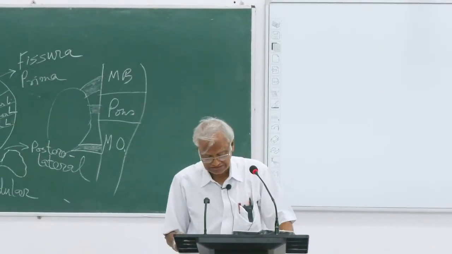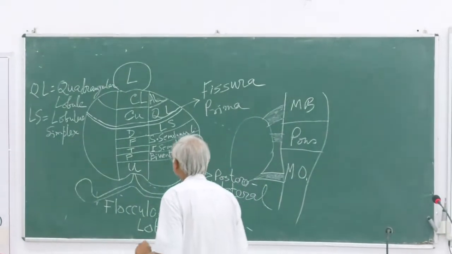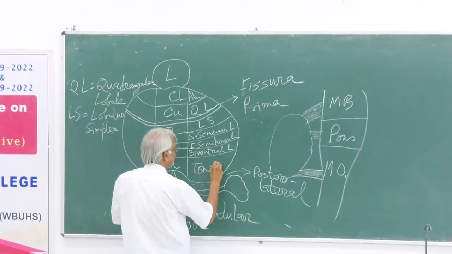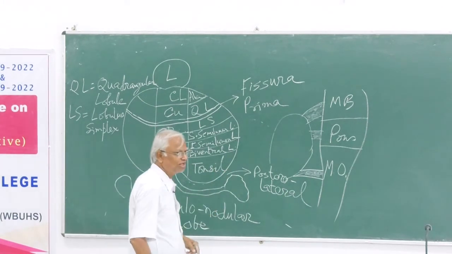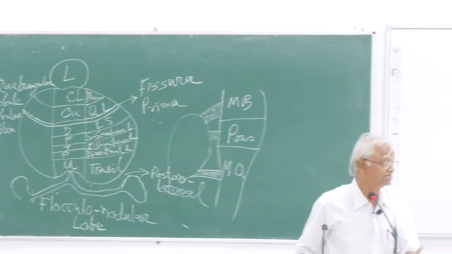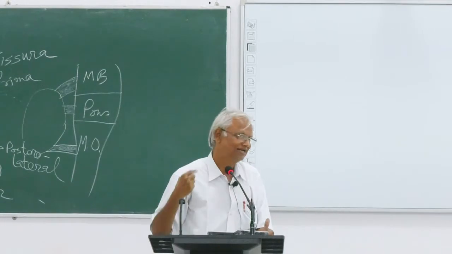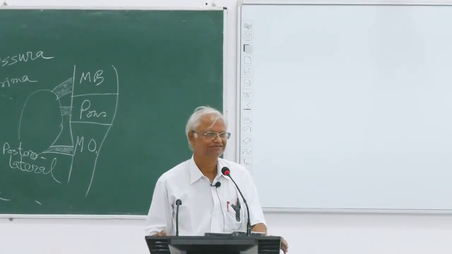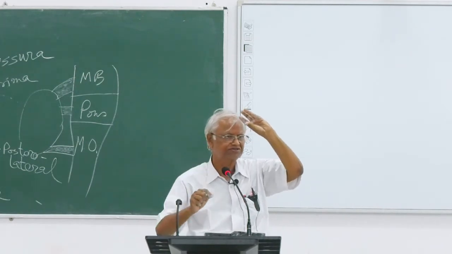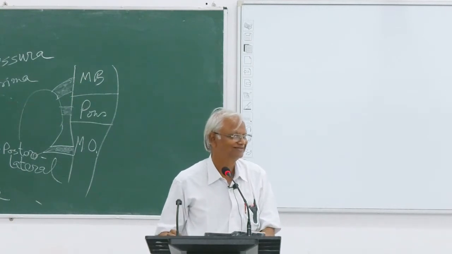There is another, and that is the uvula. In anatomy, uvula is also something present other than in the cerebellum. You know, a soft substance hanging from the posterior margin of the soft palate.